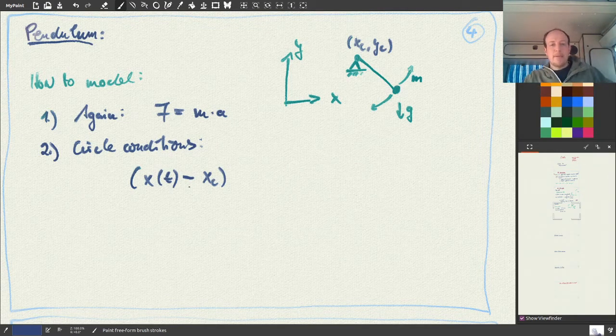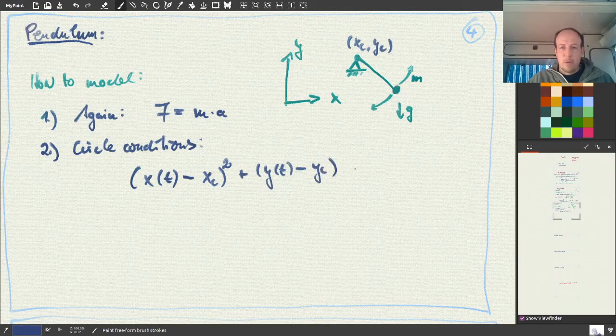So x of t minus xc to the squared plus y of t minus yc to the squared. This should be equal to the radius of the circle, and in this case it is the length of the pendulum. Okay.